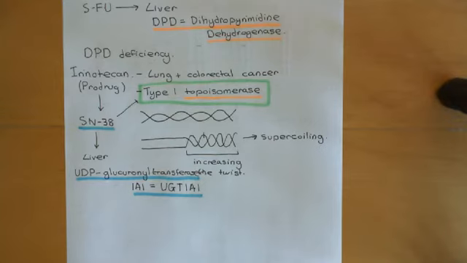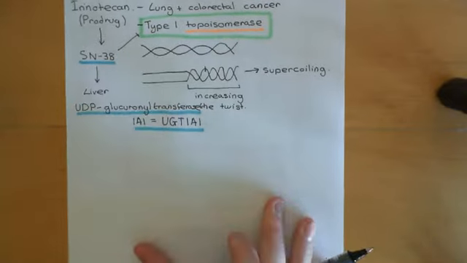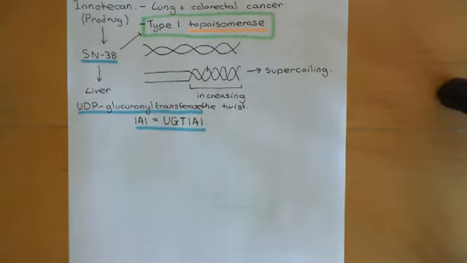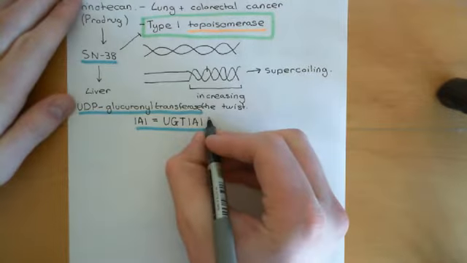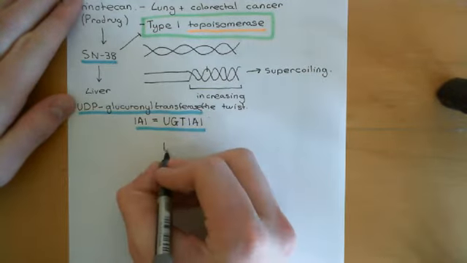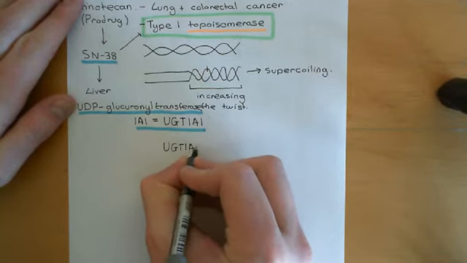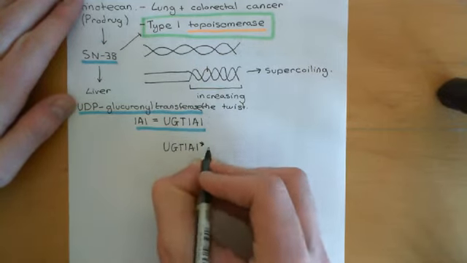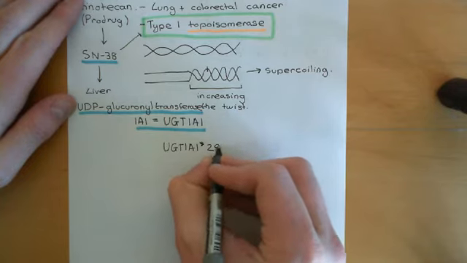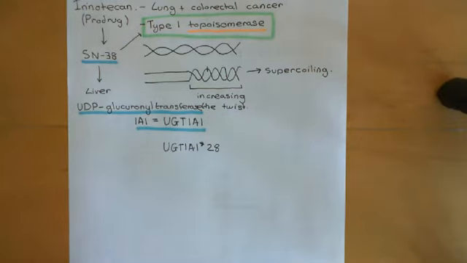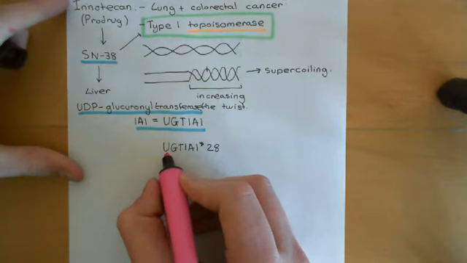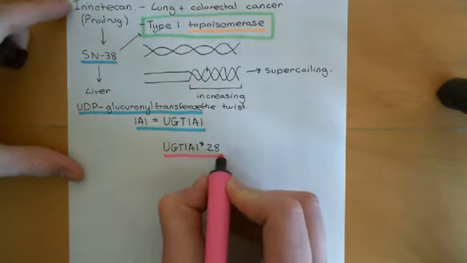This UDP glucuronide transferase 1A1 has polymorphisms that are seen within the healthy human population. Specifically, one of the polymorphisms that can occur in this enzyme is known as UGT1A1, and then for some reason you put a star and then 28 here. So this refers to a specific allele of UGT1A1.